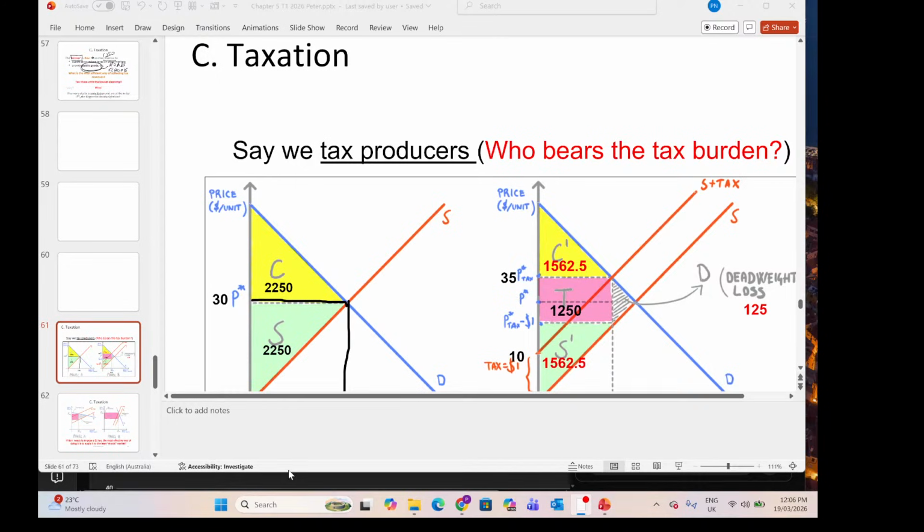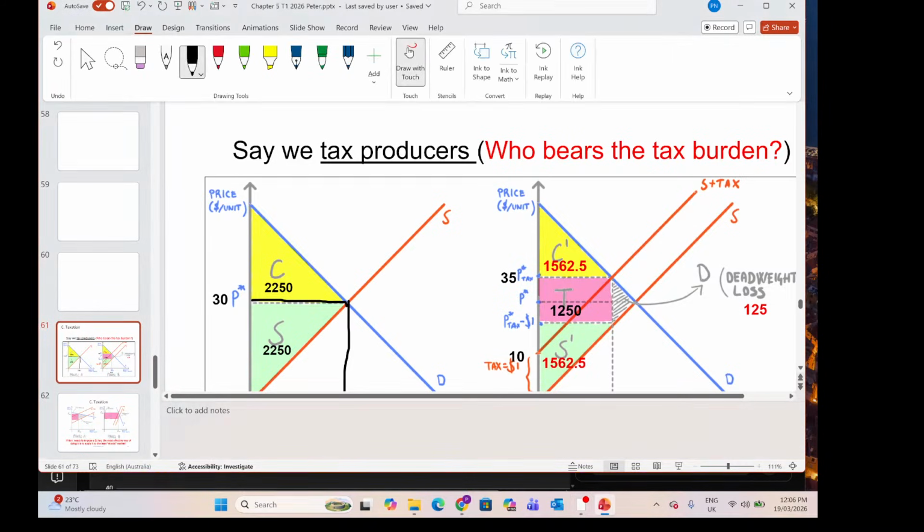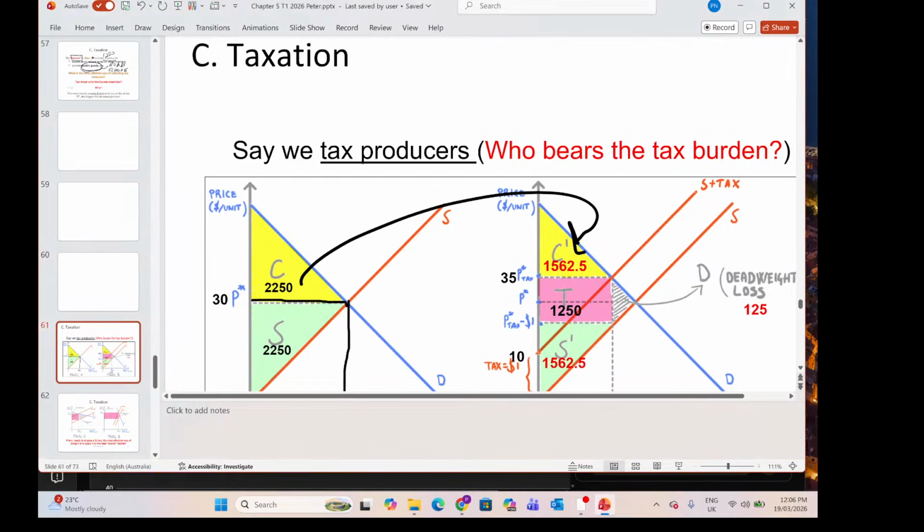So as I said before, the burden, the change in the consumer surplus and the change in the producer surplus was the same, and the combined price rise had been split between the consumers and the producers. The burden had been split.